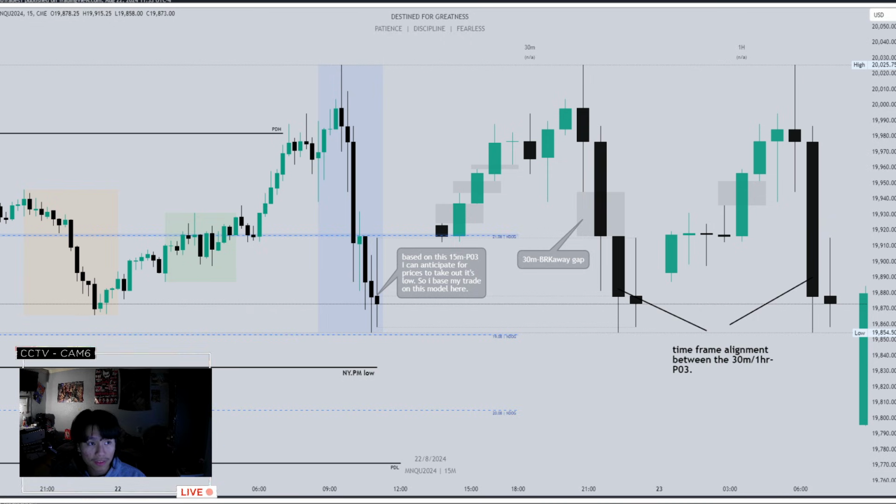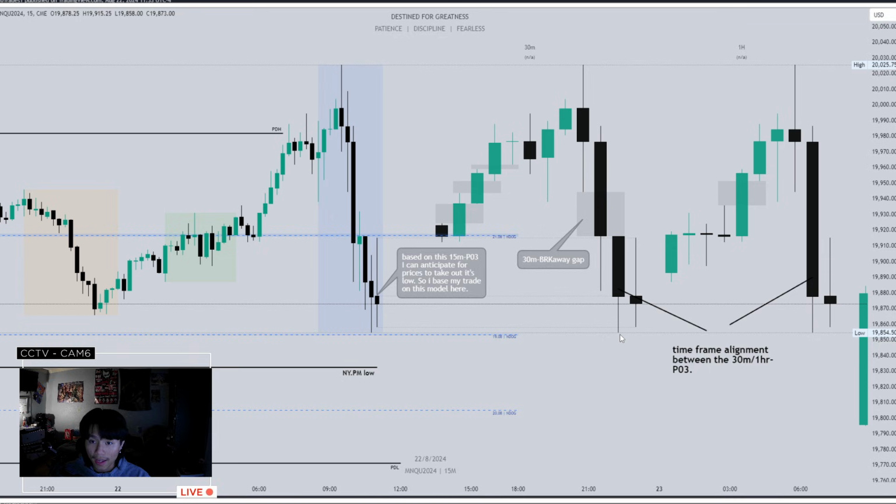In this specific example, I am using the 30-minute time frame as my higher time frame order flow. With this 30-minute candle, I can anticipate the 30-minute candle's low to be taken. It's a pretty bearish 30-minute candle. I would anticipate the next 30-minute candle to take out the previous 30-minute candle's low.